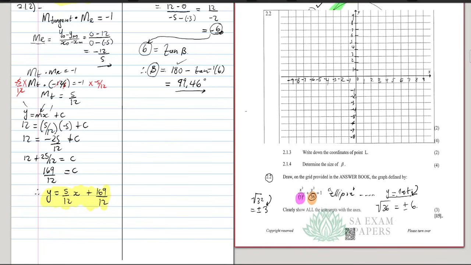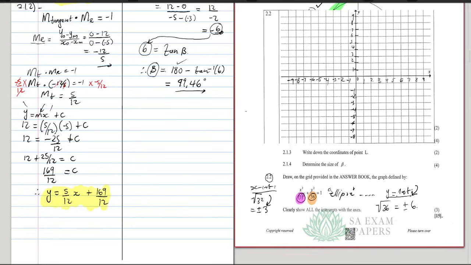And the plus or minus 3 is going to be the x-intercept, because the 3 squared was the denominator of the x variable.